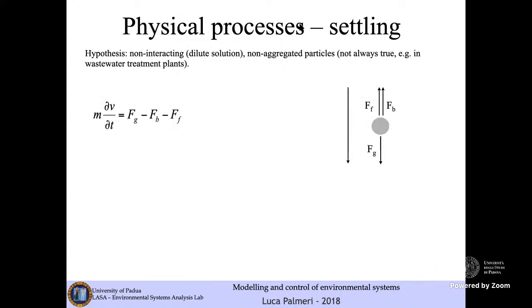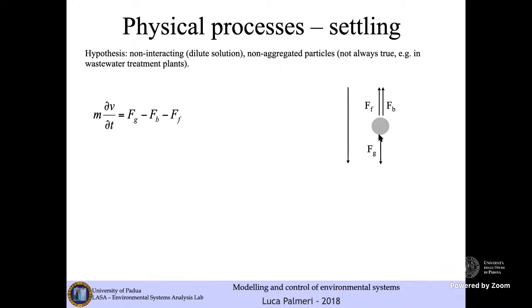plants. In general, we start from Newton's second law, in which we say that the force, mass times acceleration, is equal to the resulting vectorial sum of the various forces acting on a particle.